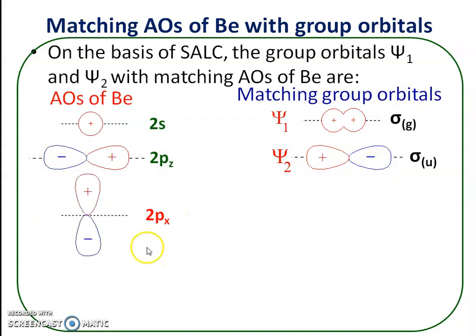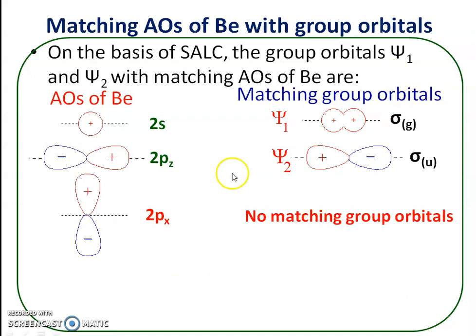Now consider the third atomic orbital of beryllium, the 2px orbital. In the 2px orbital, two lobes are oriented above and below the internuclear axis. The positive lobe is above the axis, and the negative lobe is below the internuclear axis. Now no group orbital matches this 2px atomic orbital of beryllium.